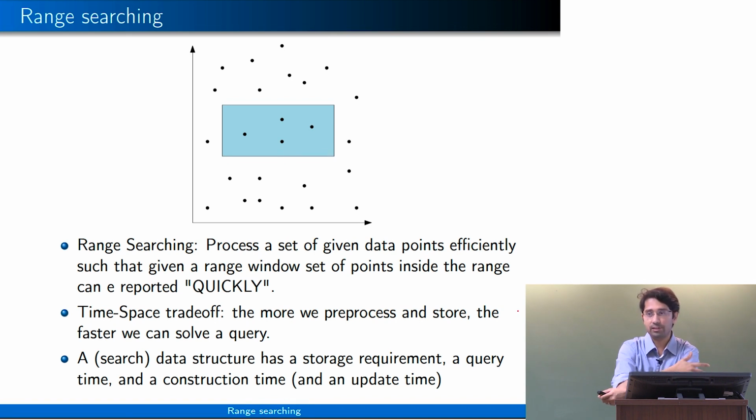So, you can understand that the data structure we build only once, and maybe infrequently we will make some changes to it. But these queries will come much more often. For example, if you look at Google, how many new pages does it index every day?